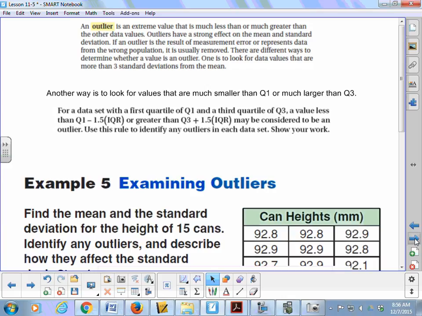We had that group of numbers 1, 2, and 87. 87 was so much larger than 1 and 2, we would say it's an outlier because it's way away from the rest of the data. There are two different ways you can find outliers. One is using the mean and standard deviation. And the other way is using the quartiles and the IQR.